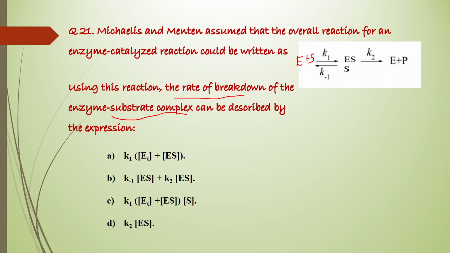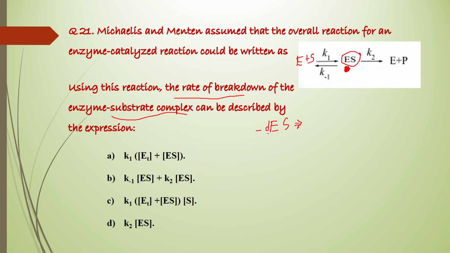Who is our enzyme substrate complex? Just there is a wrong thing, just forget this. So this is our enzyme substrate complex. Now you have to describe its equation or expression of breakdown of ES. So breakdown of ES, how is ES breaking? Let us see.